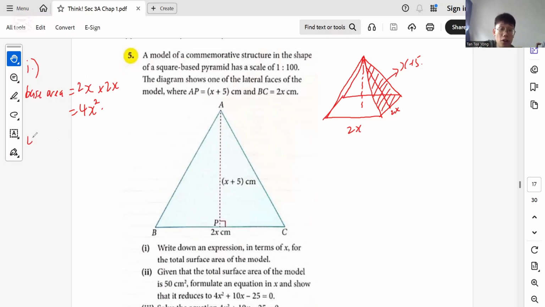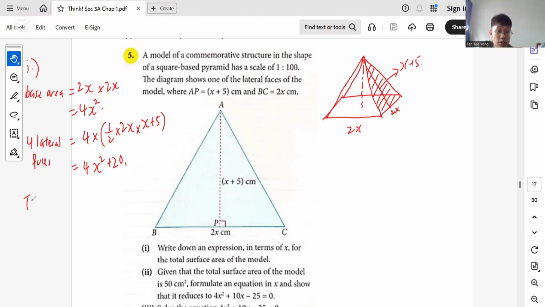Then the four lateral faces are just 4 times the triangles, so 4 times half times base times height. So this one is 4x squared plus 20.